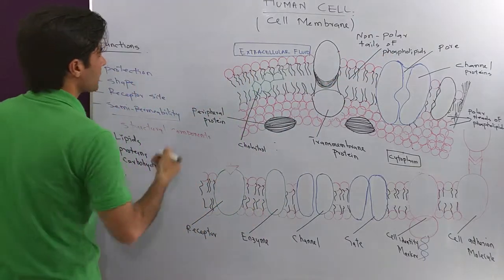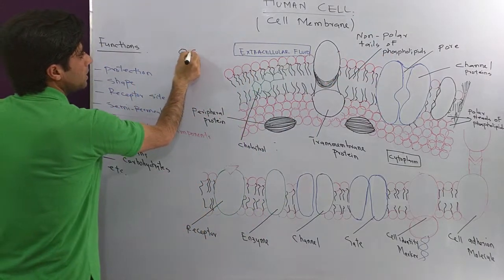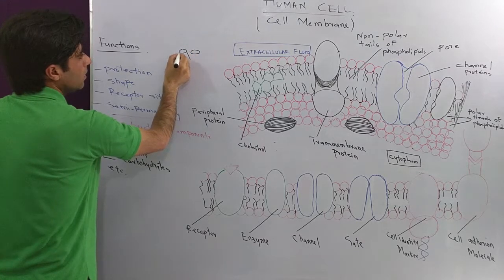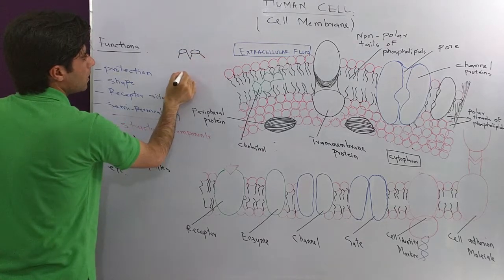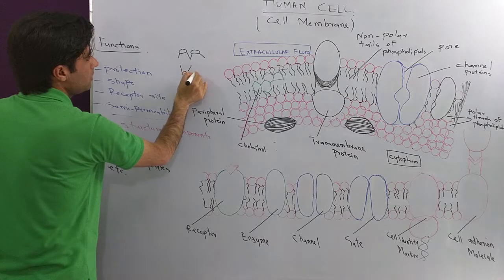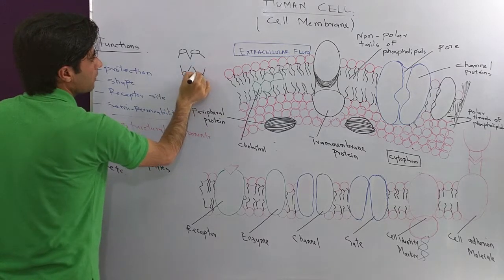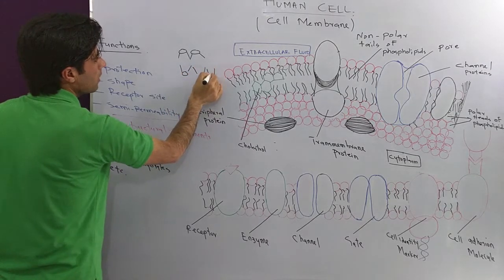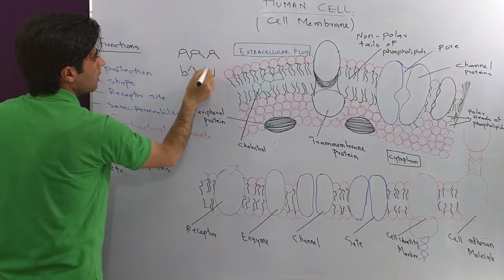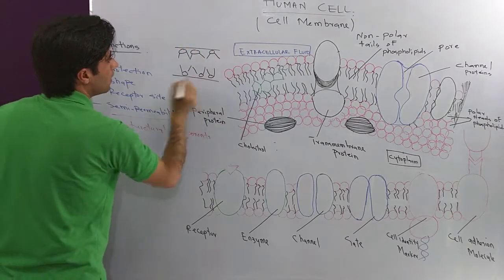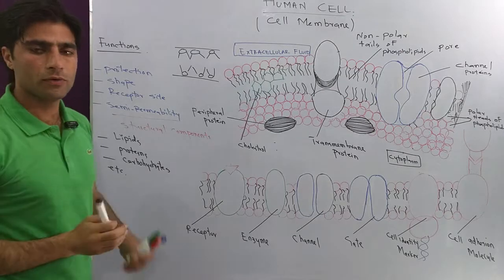What does it mean? Now look, if you write it down like this, the plasma membrane is a phospholipid bilayer. This is the structure of the phospholipid bilayer.